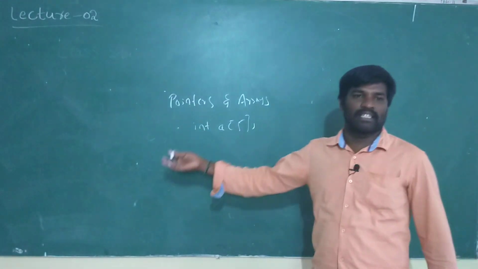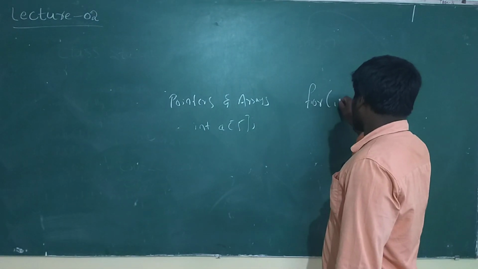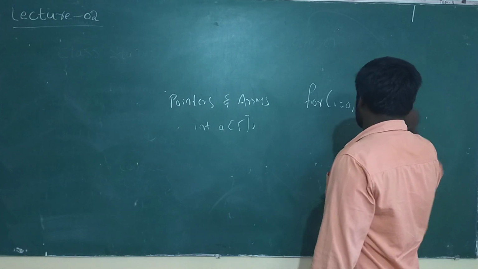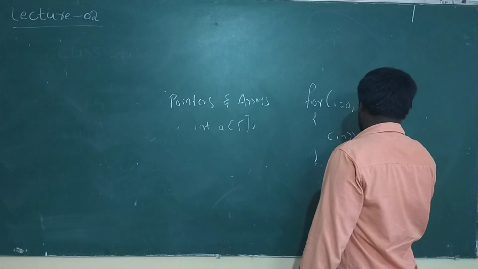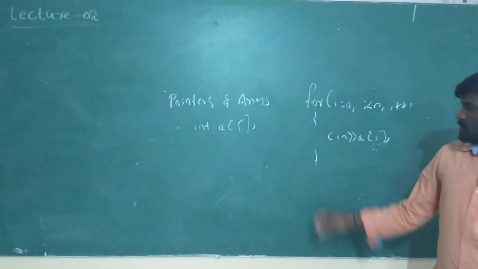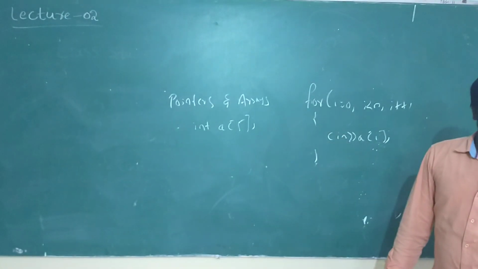If you want to read the array elements, you can use for i is equal to 0, i is less than n, i plus plus. And within the for loop we have to write cin >> a of i. So this is the normal array elements reading.